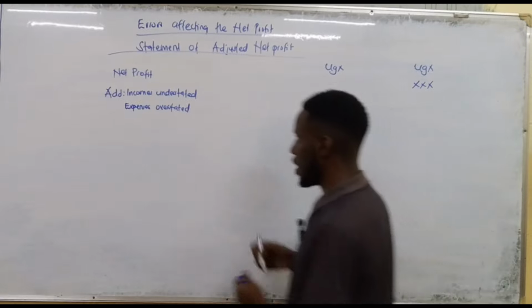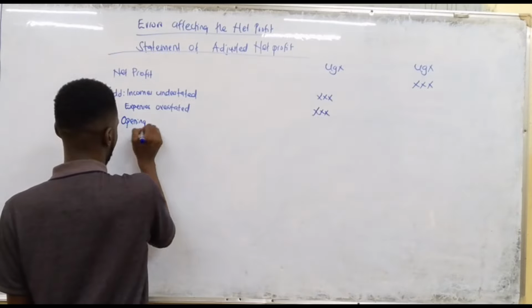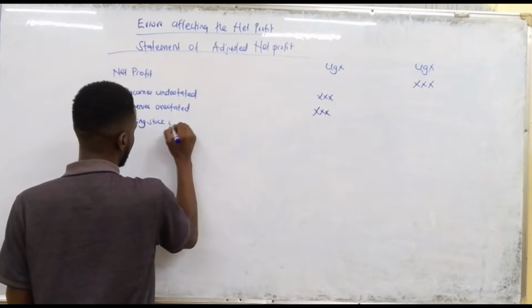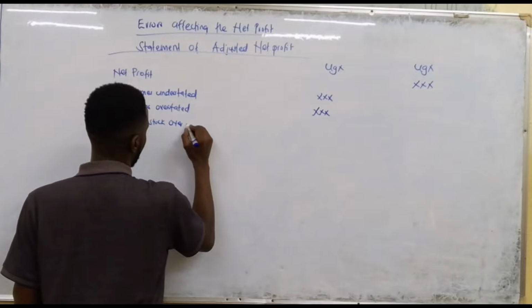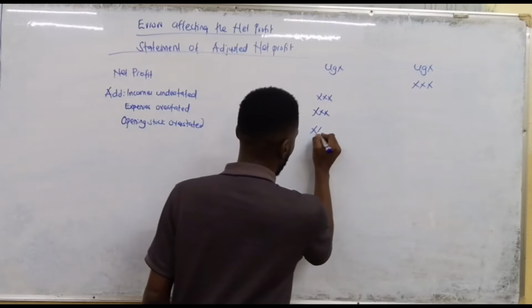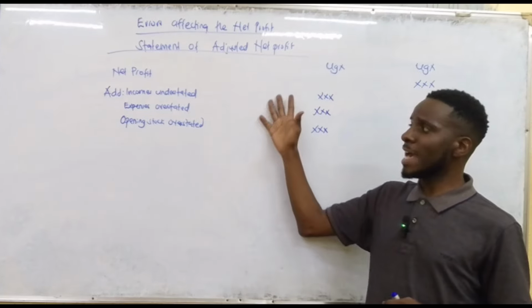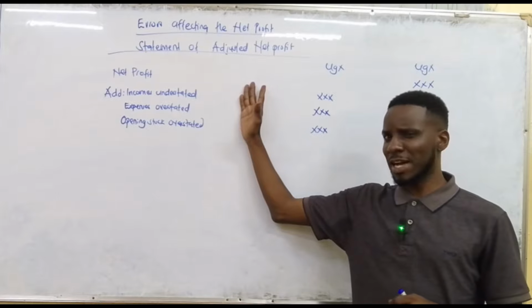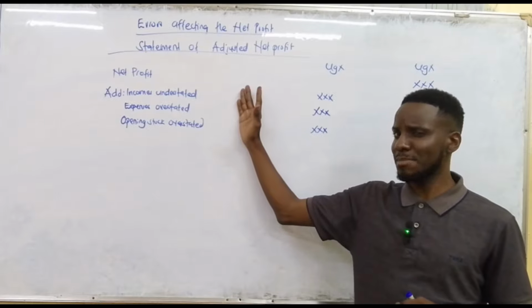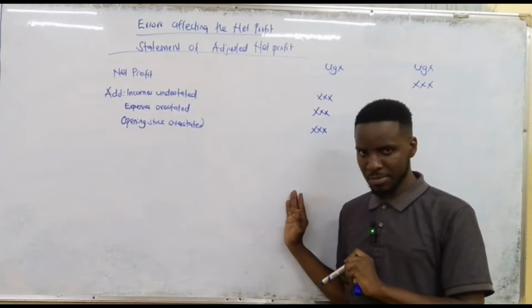Then we also have our opening stock overstated. Now, why am I saying opening stock overstated? Mind you, all the items that we are going to put in this statement of adjusted profit are elements that make up the income statement. Anything that goes to the balance sheet does not come here.